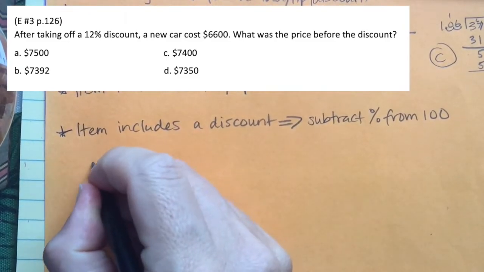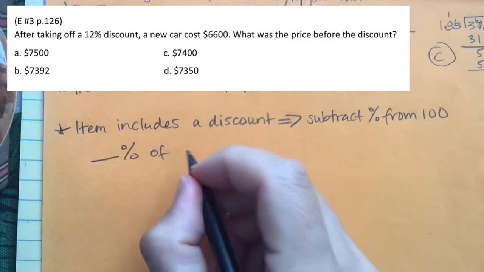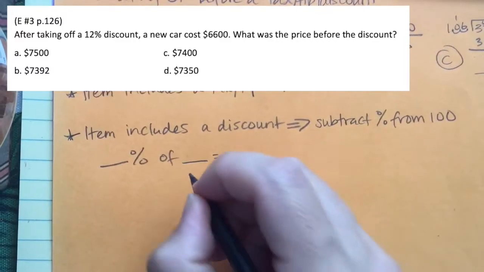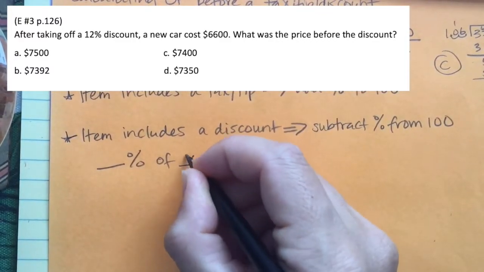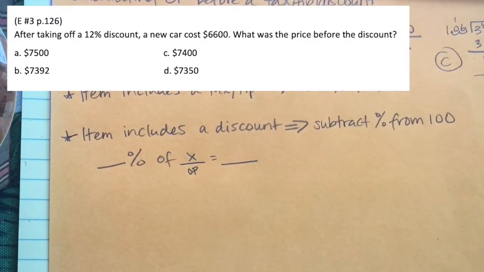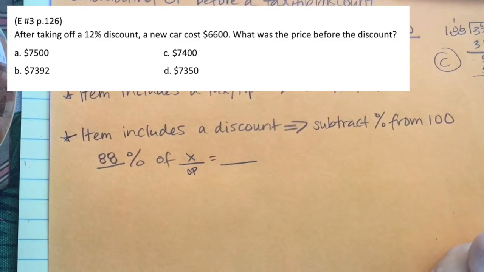So for that problem, okay, still looking for original price, so that's where my X goes. And then in this case, it's a 12% discount, so I need to subtract that discount from 100. That would be 88.